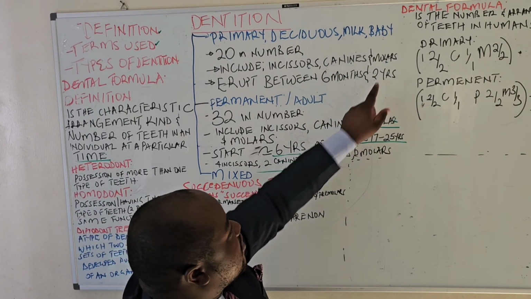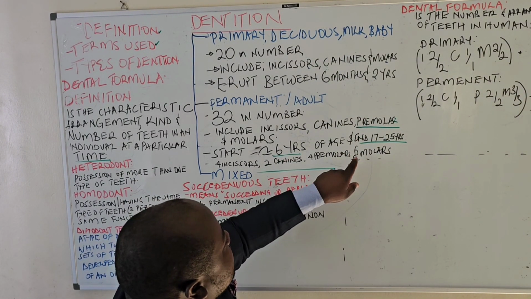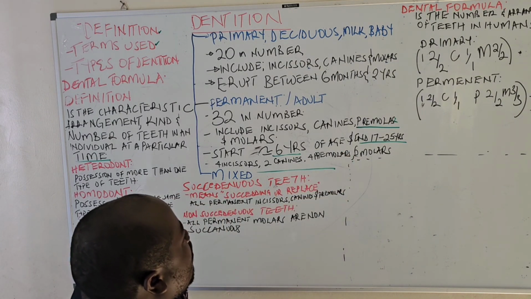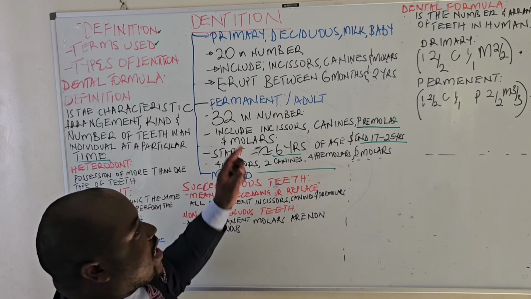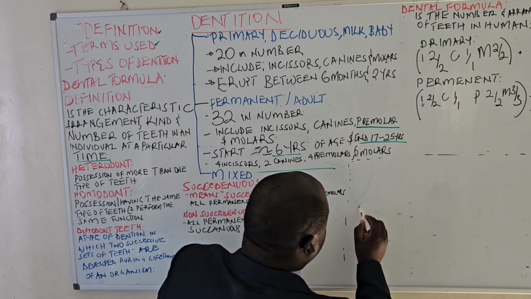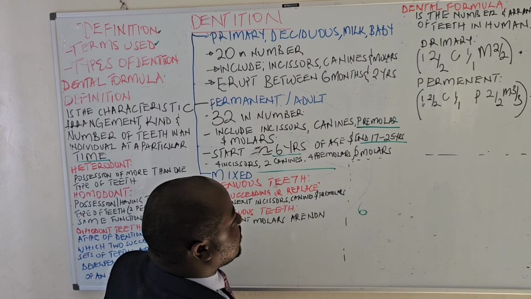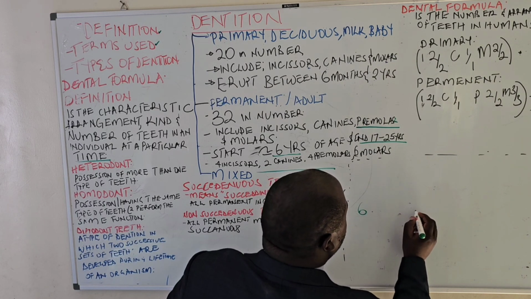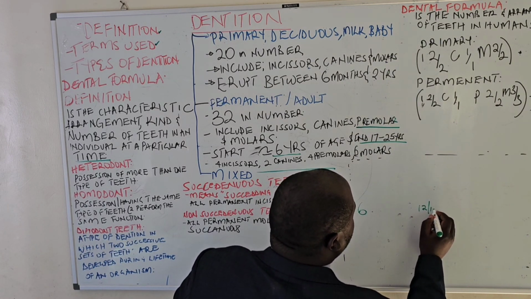Then we shall also have teeth at 6 years. So we shall have a time when we are having permanent teeth erupting between 6 years of age until they keep developing up to around 12 to 13.